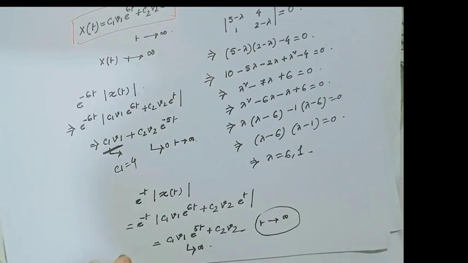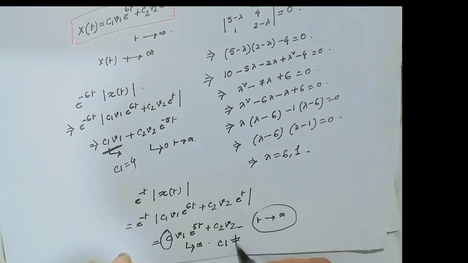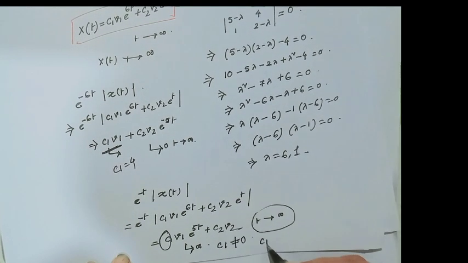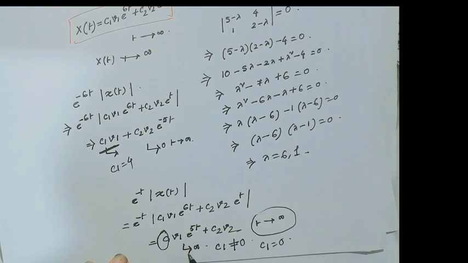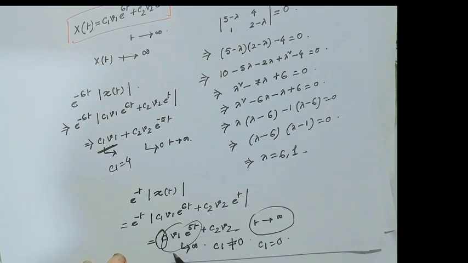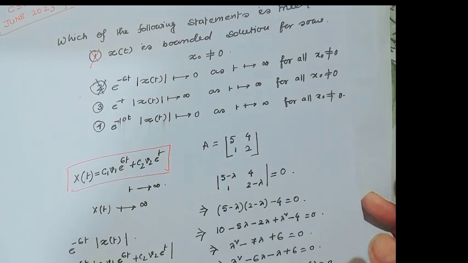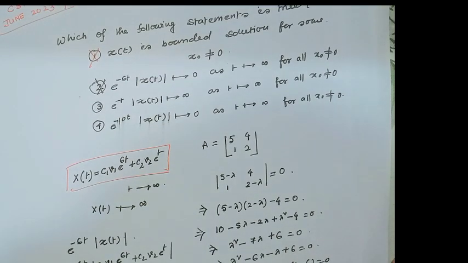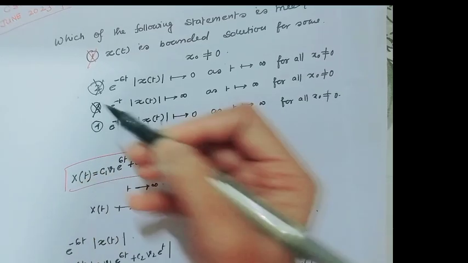But this is possible only when c1 is not equal to 0. If c1 equals 0, then the value would be bounded. Since it is not given that c1 is non-zero, option 3 is also a wrong option.